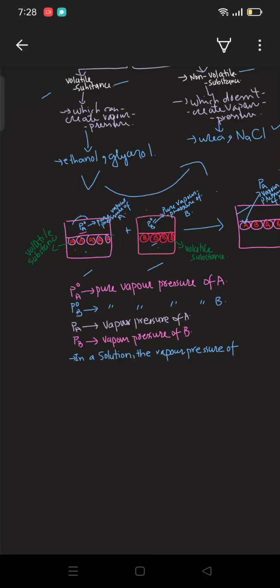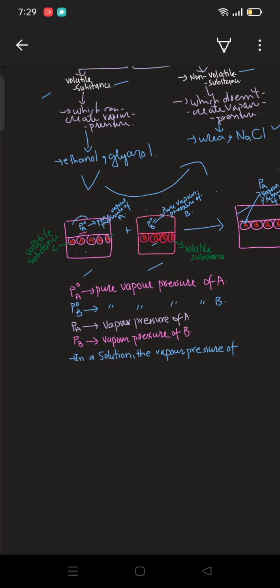Okay, so as in the last video, we discussed some general terms. For example, pure vapor pressure of A, which was denoted by P naught of A, and pure vapor pressure of B, denoted by P naught of B, which means only their own vapor pressure is present. They have not been mixed yet; they are present separately.